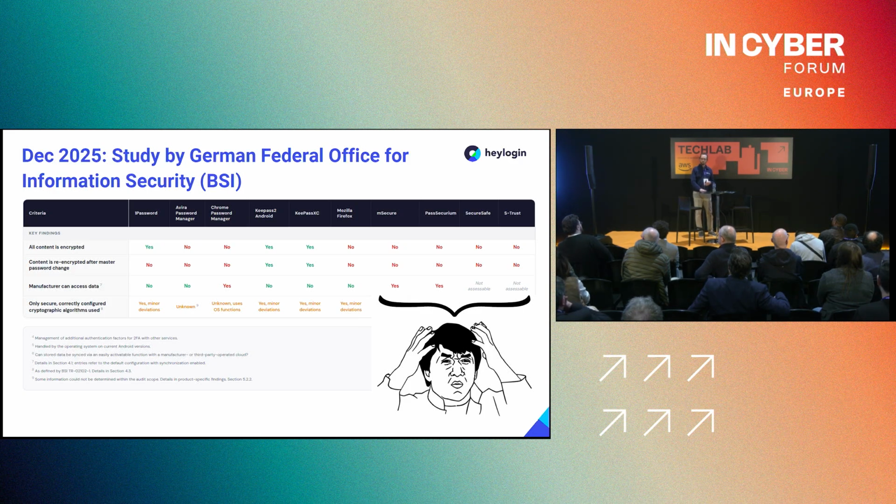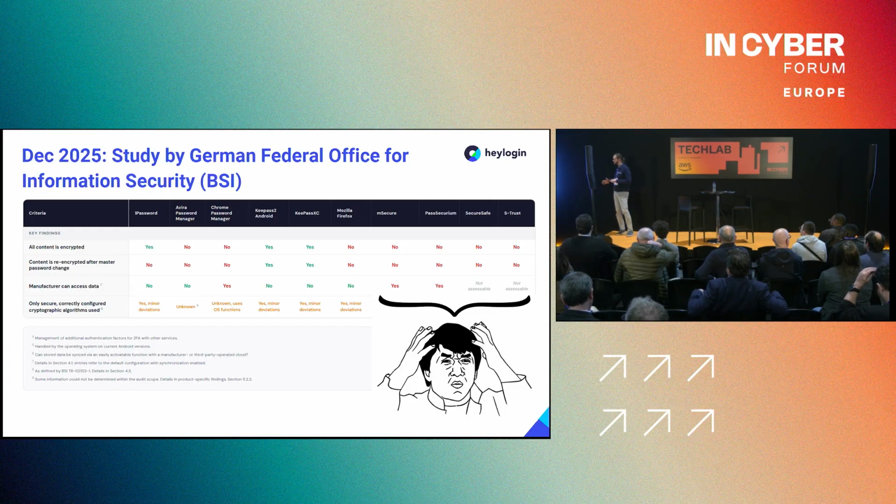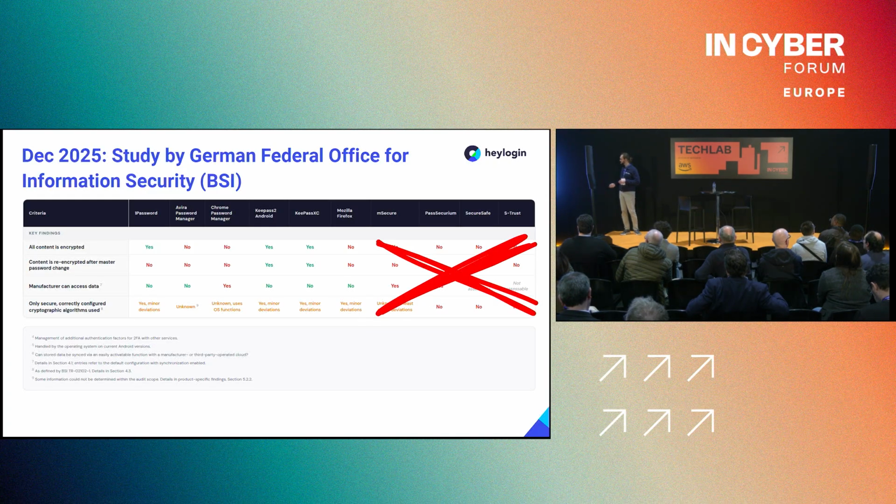And there's a new standard coming up from ETSI that specifically defines the requirements for password managers under the Cyber Resilience Act. And they will say everything needs to be end-to-end encrypted. So finally, all these will be no. In my opinion, they will not be allowed to sell next year after the Cyber Resilience Act. Let's see if that actually happens. So please don't use these.